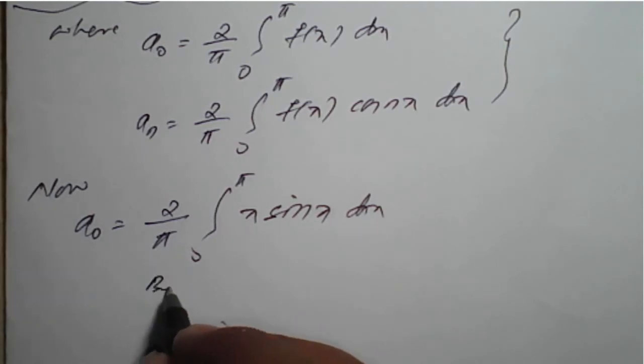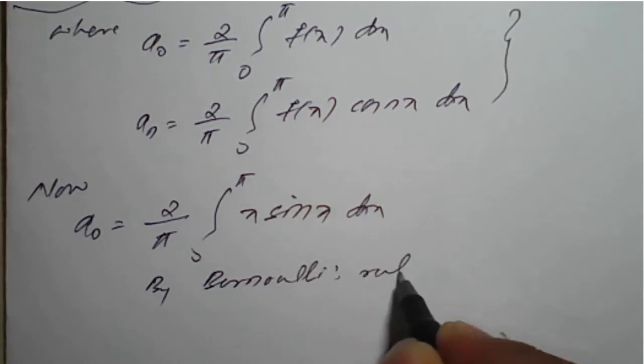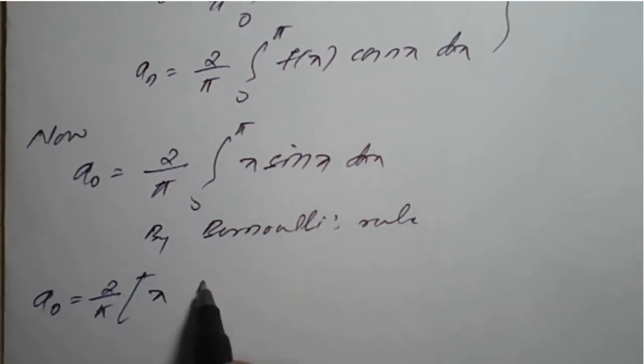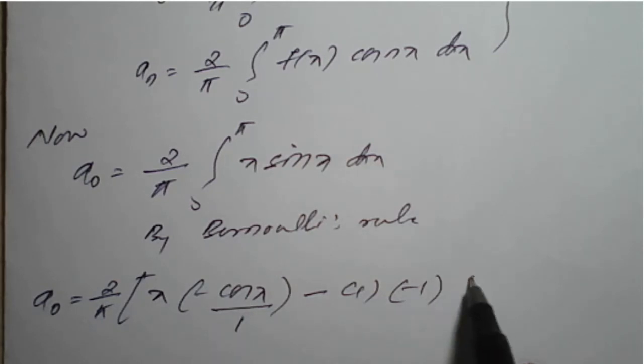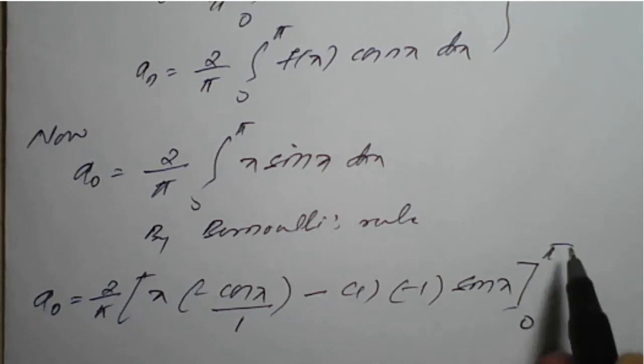By Bernoulli's rule of integration, a₀ is (2/π) times the bracket: keep x as it is, integration of sine is minus cos x; differentiation of x is 1, and by the formula we carry a minus, integration of cos is sin x; differentiation of 1 is 0. We stop there and close with the limit 0 to π.